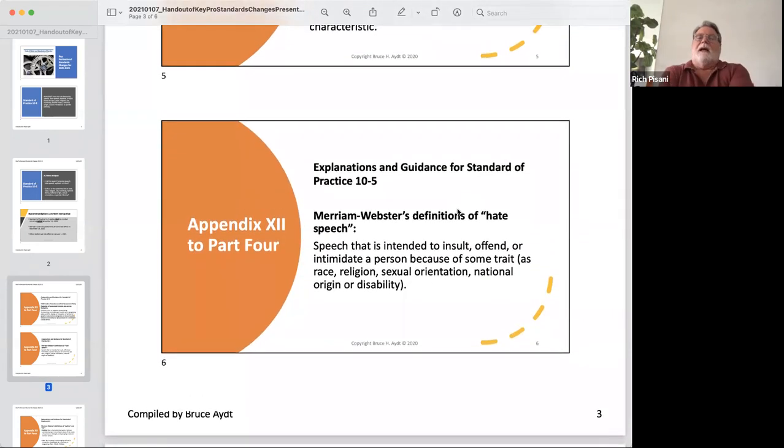Here's the dictionary term for hate speech: speech that is intended to insult, offend, or intimidate a person because of some trait, such as race, religion, sexual orientation, any of those protected classes. That's the Merriam-Webster's dictionary definition of hate speech.